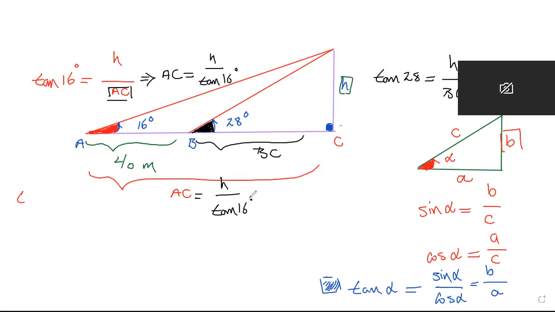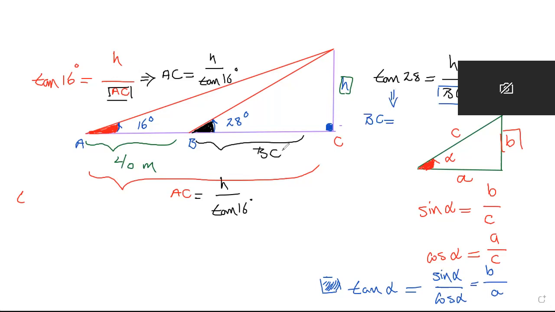Things are going to get a little more clear. Now we involve the height of the castle that we were expected to find. We see that it shows up here as h over tangent of 16. Now at the same time, look at this. We have the same thing here. We said that tangent of 28 is h over BC.